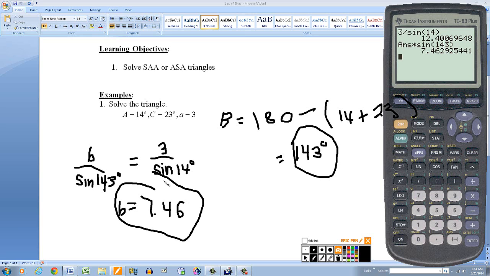So that is C. So little c. So it'll be, according to the law of sines, little c divided by the sine of the angle opposite little c, which of course is capital C, and this is 23 degrees.